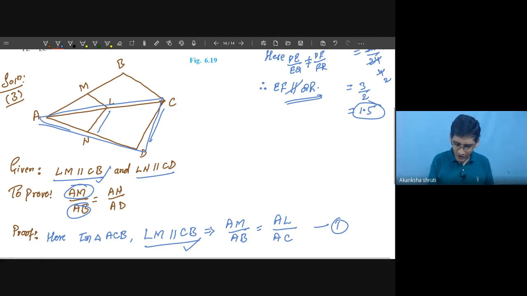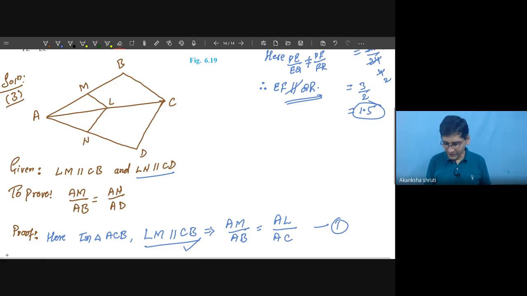So just by observing what is given, what ratios can be written, you have to apply that much only. By that you can reach the result. Okay, students. So now let us go for the next one.